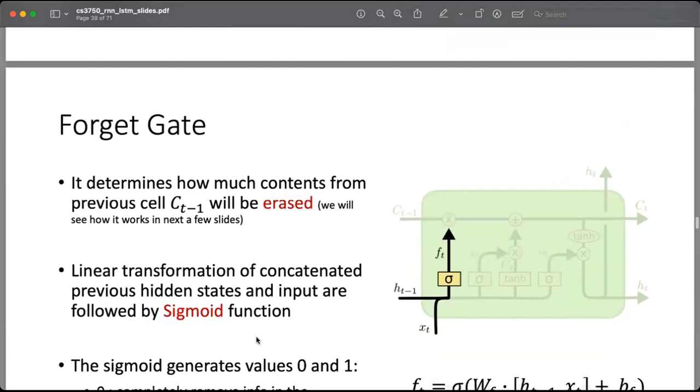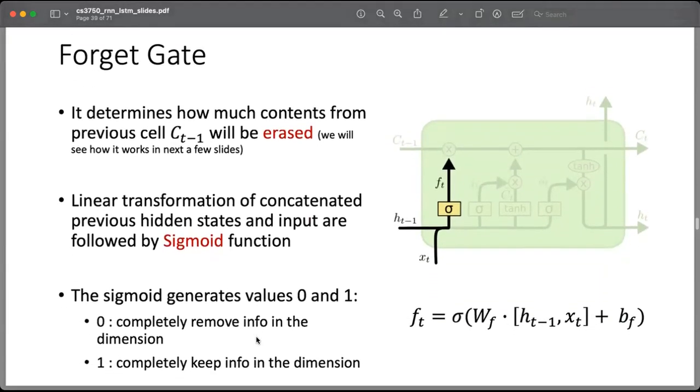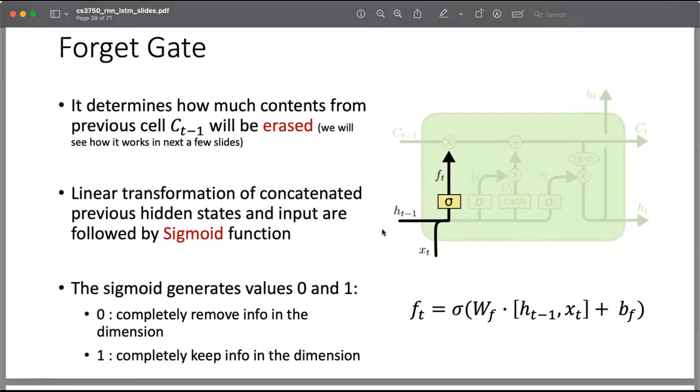So the way you set this up, the first thing is that you receive your input from the previous hidden layer. There is the input from the external source, so this could be a force being applied to the system. Then this is fed into a type of sigmoid function, and it determines how much of the contents from the previous cell is going to be kept or erased.